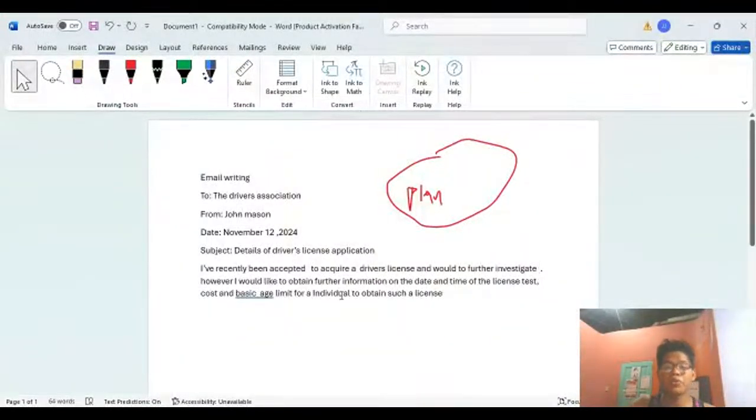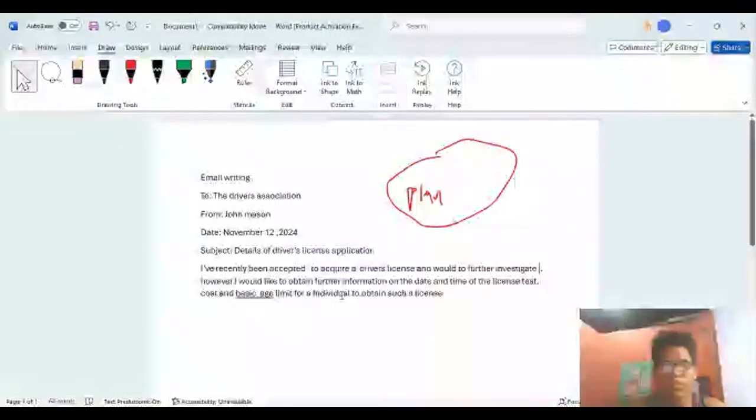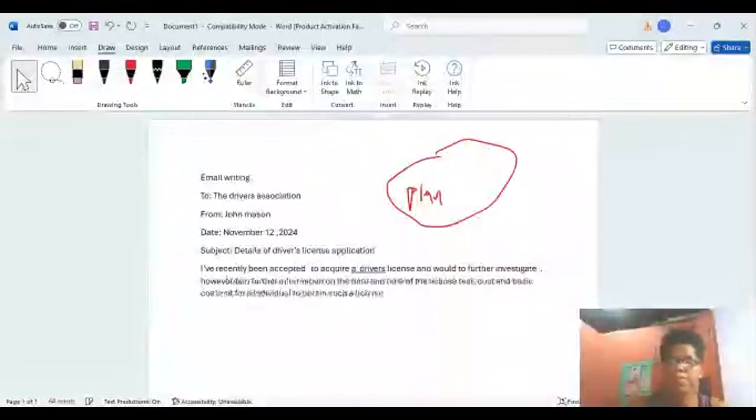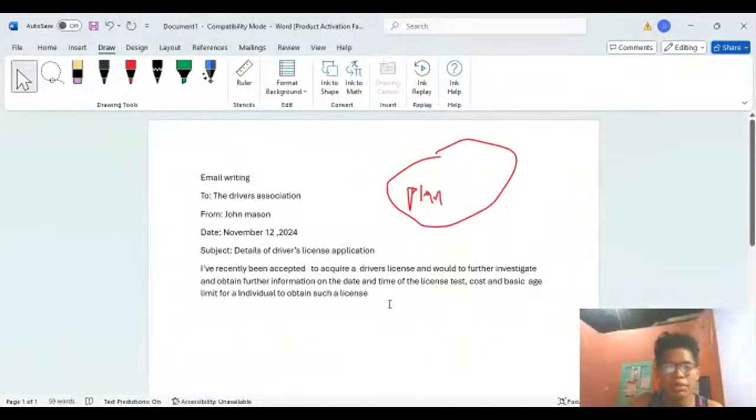I've recently been accepted to acquire a driver's license and would like to further investigate and obtain further information on the date and time of the license test, cost, and basic age limit for an individual to obtain such a license.